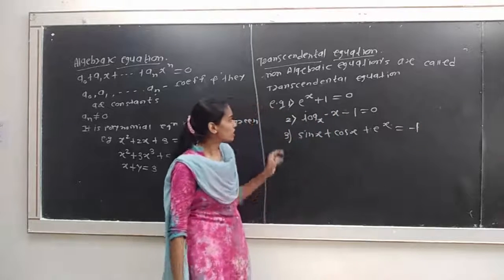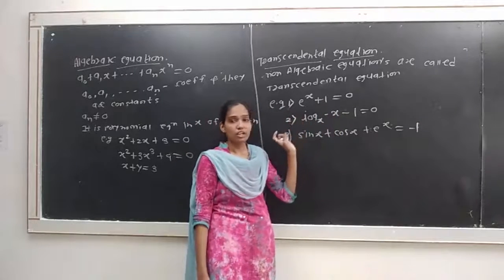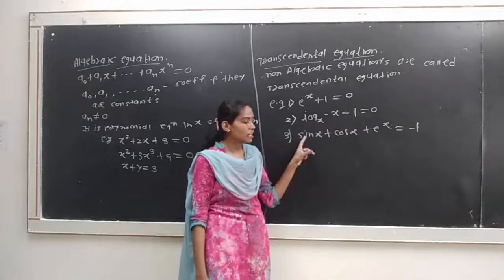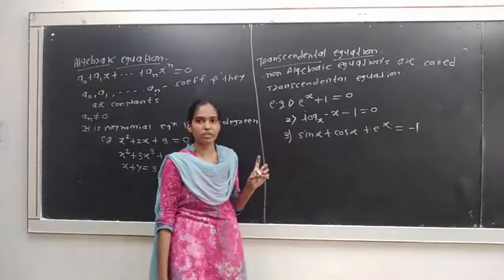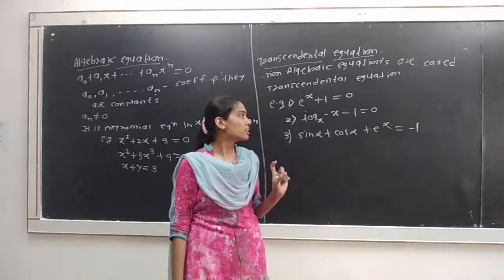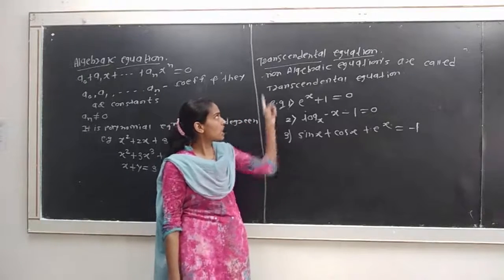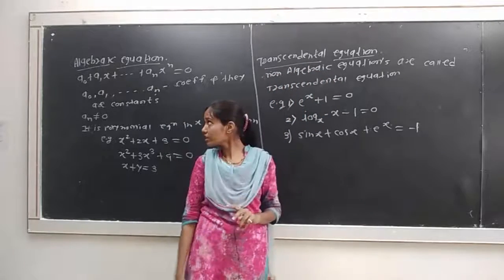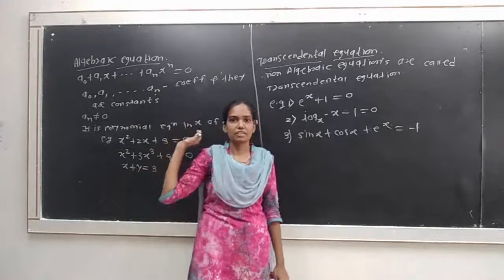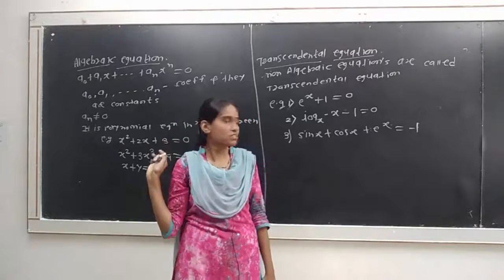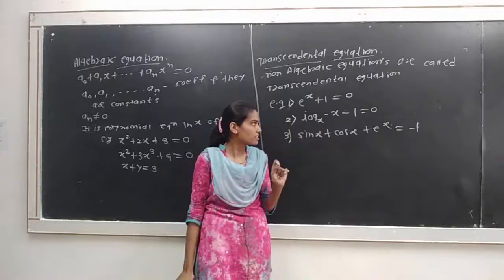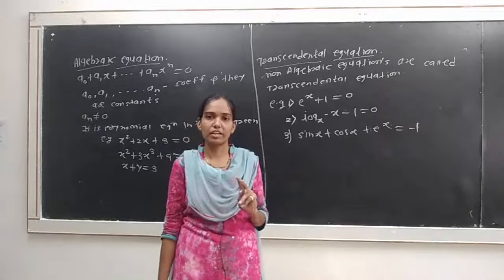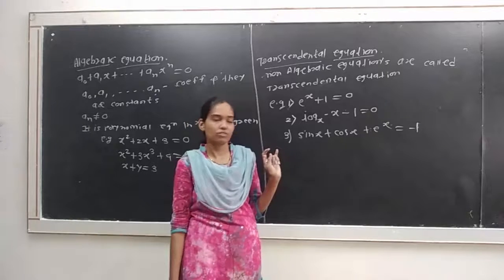So students, if the equation contains e, log, and sin, cos, that is the trigonometric function, logarithmic function and exponential function, then that type of equations is called the transcendental equation. The algebraic equation is simply the polynomial equation, and the transcendental equation contains log, trigonometric functions and exponential functions.